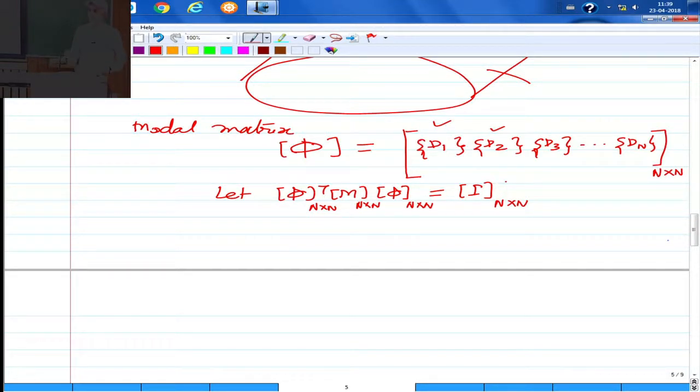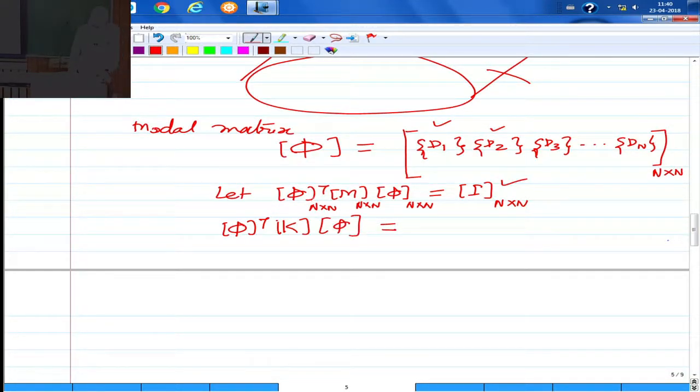Say initially I get an eigenvector which is arbitrary, then I do the multiplication d1 transpose m into d1, I get some number, and I divide d1 by the square root of that number, and then finally get d1 transpose m into d1 as identity after that division. So finally you have this as the identity matrix. Once this is the identity matrix, let me look at the multiplication with k, that is, phi transpose k into phi. Now what do I get?